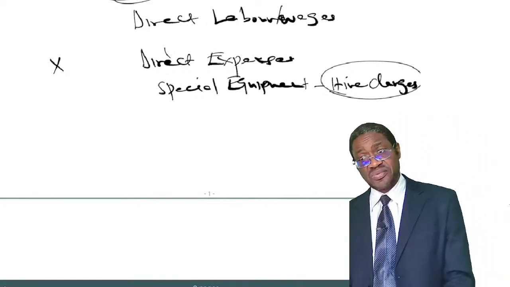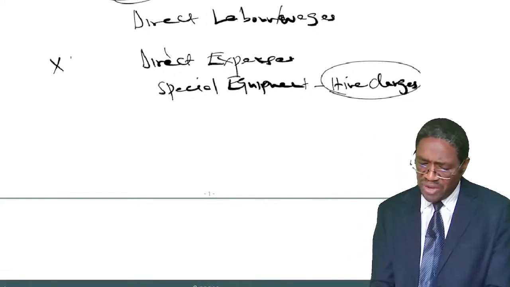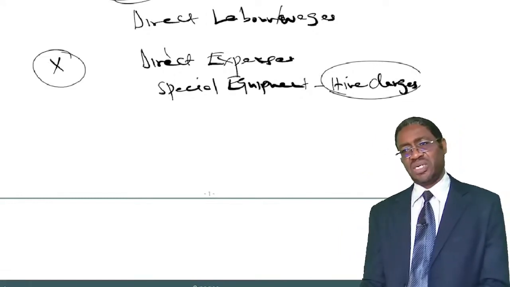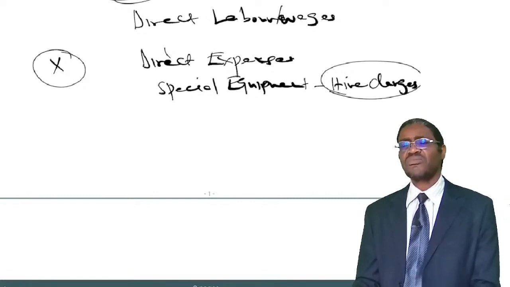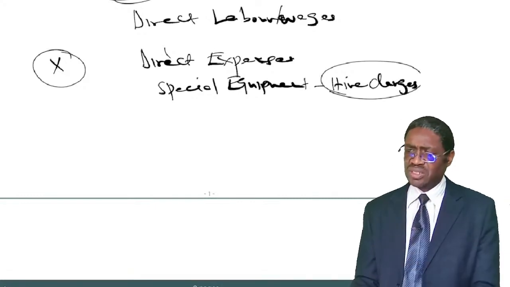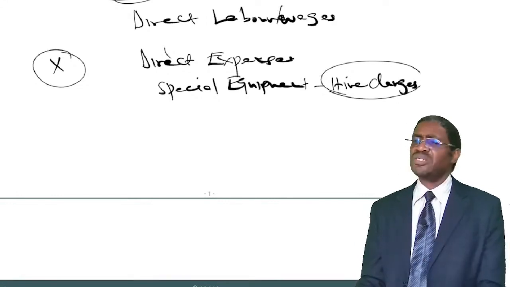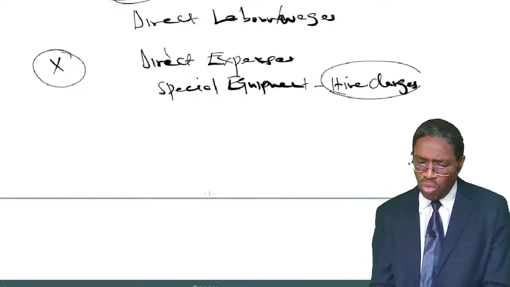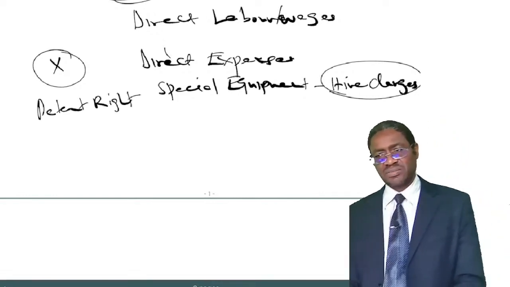Another one. Suppose you want to manufacture this product called X. But for you to manufacture it, you now realize somebody somewhere owns the patent right over that asset.